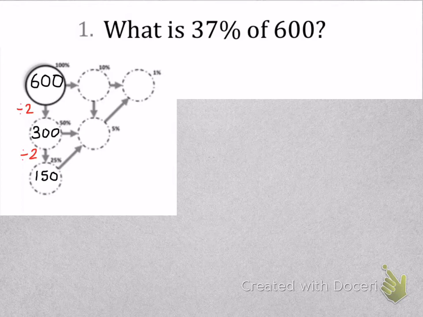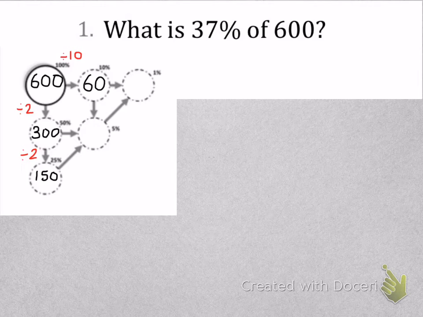Now I've done that one, I can go across the top line. This time I've got 100% is 600, and I want to find out 10%. So I want a tenth of that value, or I want to divide by 10. So 600 divided by 10 is 60.